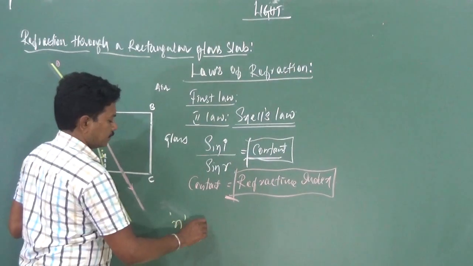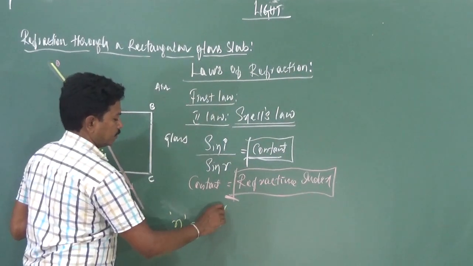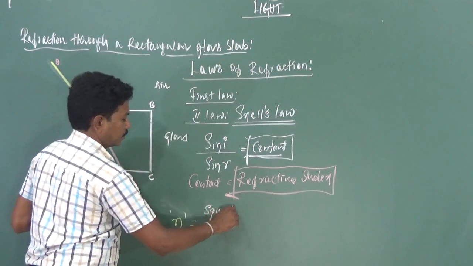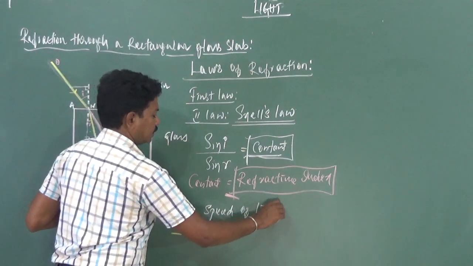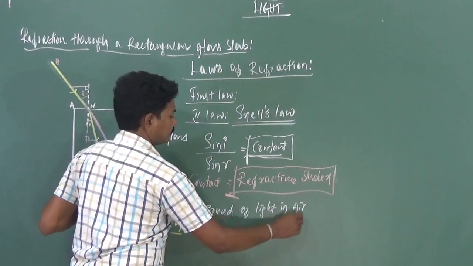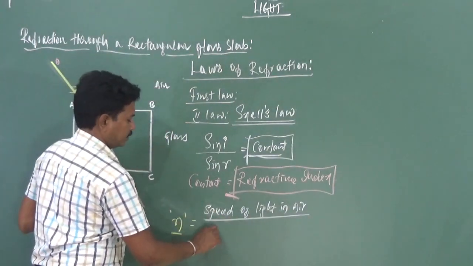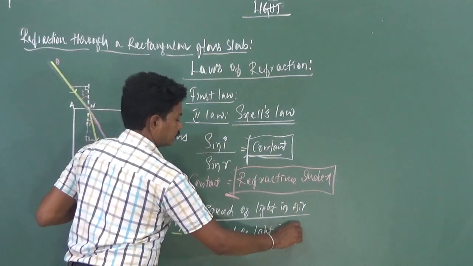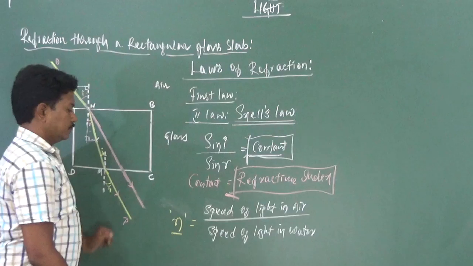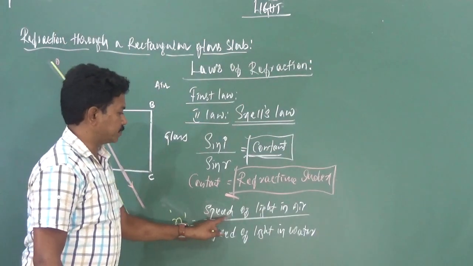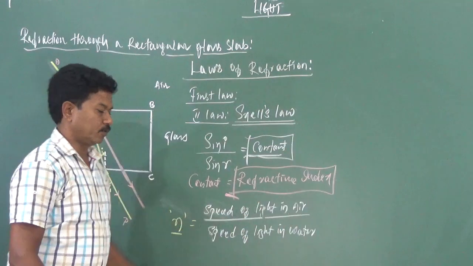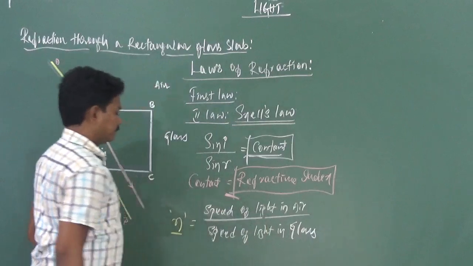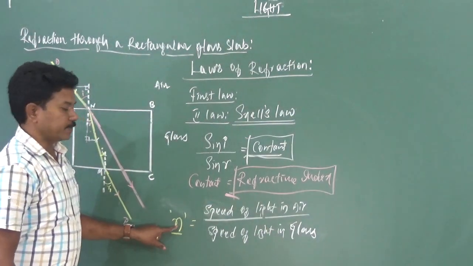Okay, I will go like this. Refractive index n is the speed of light in air by speed of light in water. So the refractive index is the ratio between the speed of light in air to the speed of light in water. In this example, I will take glass. Here n represents the refractive index.